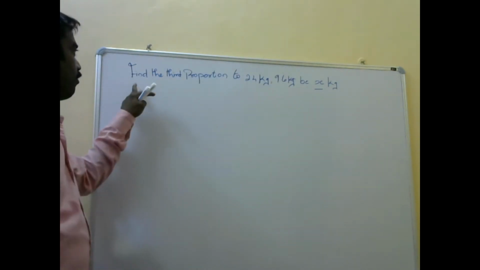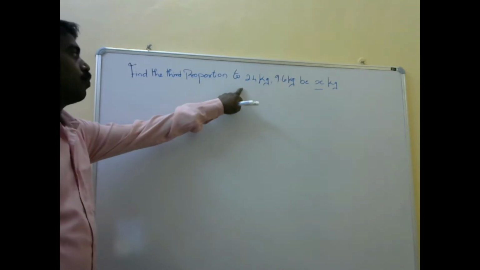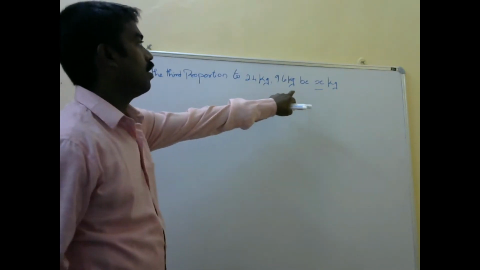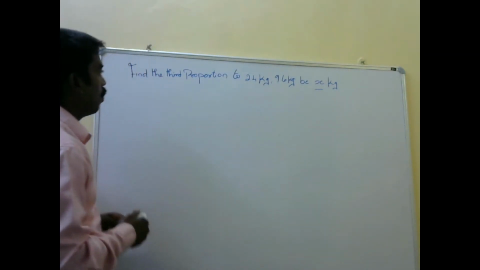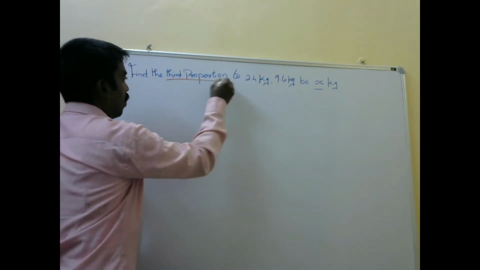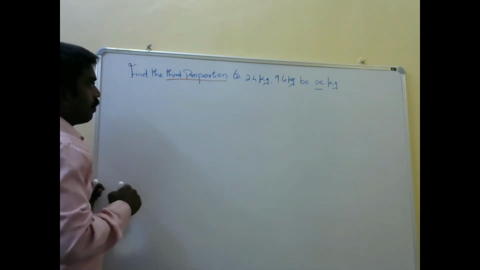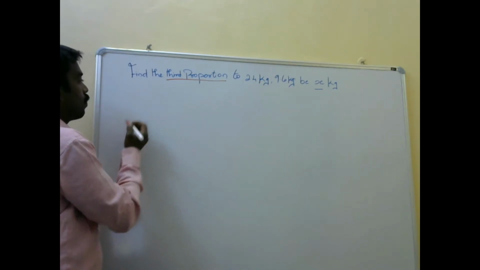Copy this question. Find the third proportion to 2.4 kg, 9.6 kg. What they have? Third proportion. What we have to remember, third proportion means it's a continuous proportion.